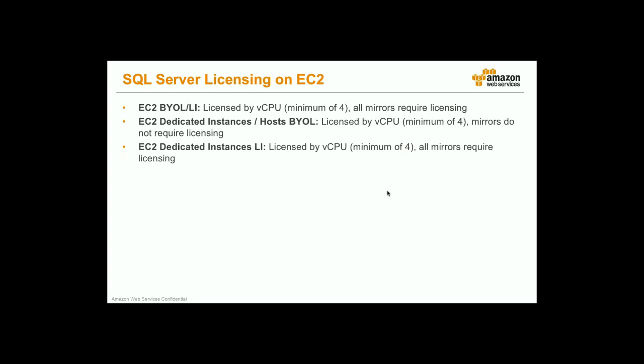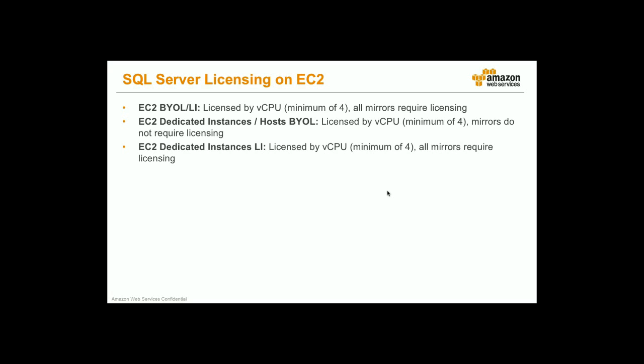So this is the page for EC2. You'll see here that if you are bringing your own license or using license included for an EC2 instance, so just your typical on-demand instances and things like that, you need to license by the virtual CPU. When you look at our EC2 product family, you'll see that all of those instances list the number of virtual CPUs available to you. Now, in that particular case, you need to license all mirrors.